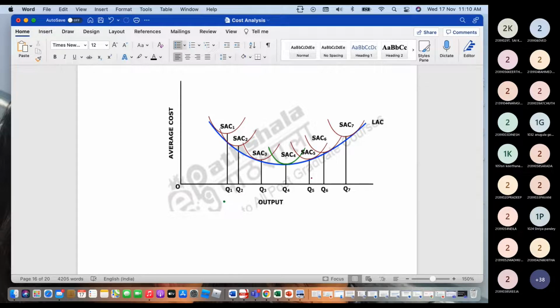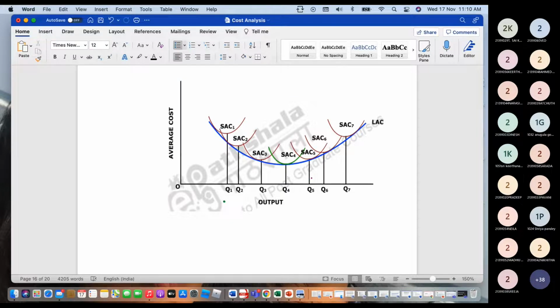Now students, if you remember, when we did the SAC curve, I was always talking about the law of variable proportion. When we are doing the long run average cost curve, it relates to the law of returns to scale.